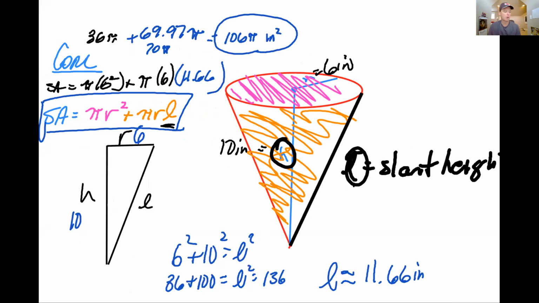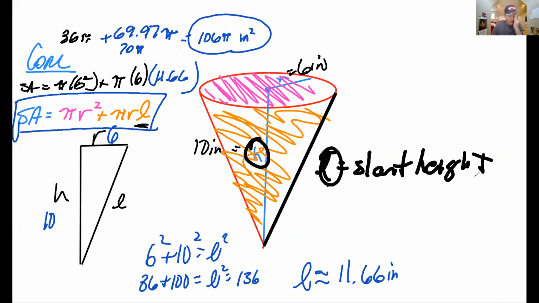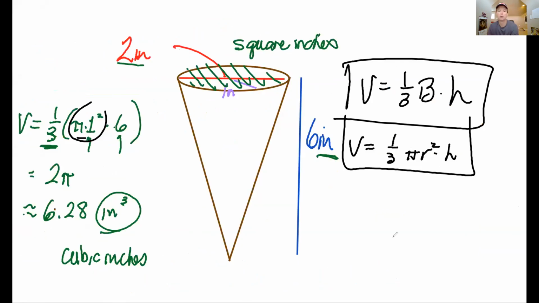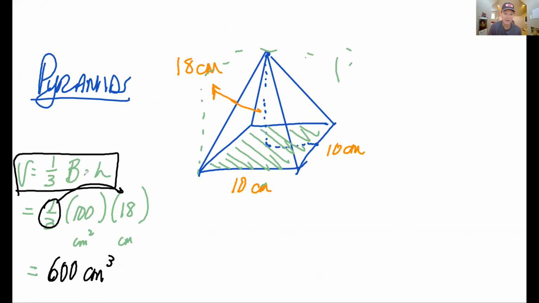So what do we get here today? Well, we started with volume of a cone, 1/3 pi r squared h, 1/3 base times height. Then we have the volume of a pyramid, which is again 1/3 base times height. It just matters what shape the base is that determines how you figure out the base.